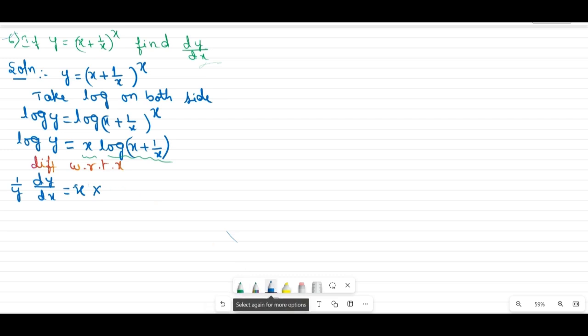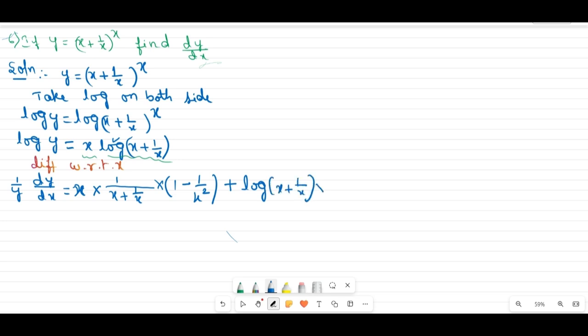First function as it is, we write the derivative of log of x plus 1 by x, which is 1 by x plus 1 by x. This log derivative is over. Now we should differentiate x plus 1 by x. X derivative is 1, and 1 by x derivative is minus 1 by x square. So the first part is over. Next, keeping the second function as it is, we must differentiate the first function, which is x.